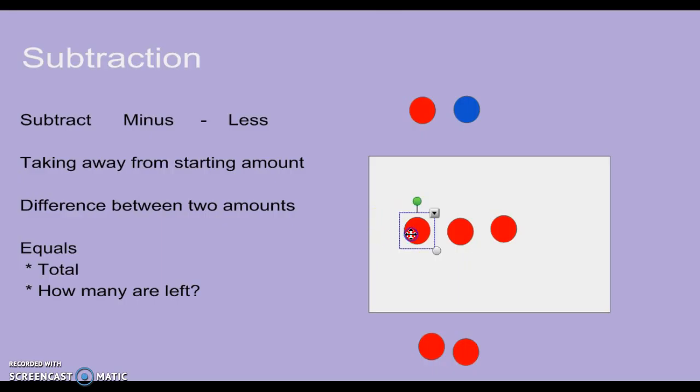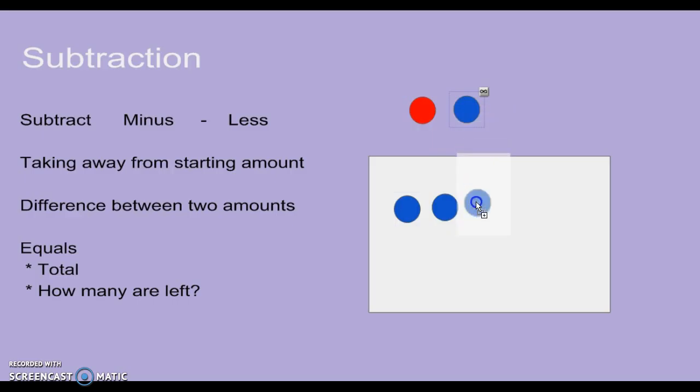Okay, now let's take a look at difference between. So another way I can subtract to find the difference between something is, let's say the Rockies had 5 home runs, 1, 2, 3, 4, 5, and the Cubs had 2 home runs.